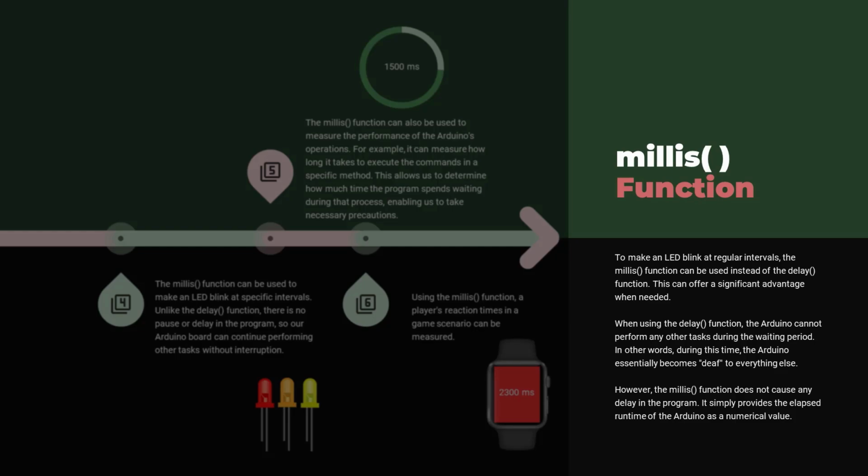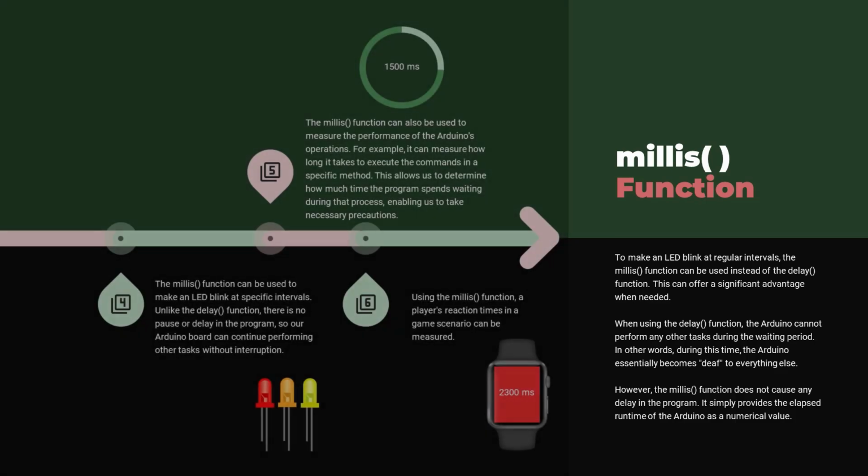In contrast, the Millis function operates very differently. Instead of halting the program, it simply provides the amount of time that has passed since the Arduino was powered on or reset. This allows us to manage timing without disrupting the flow of the program. This makes Millis a powerful and efficient tool for creating more responsive and dynamic programs.